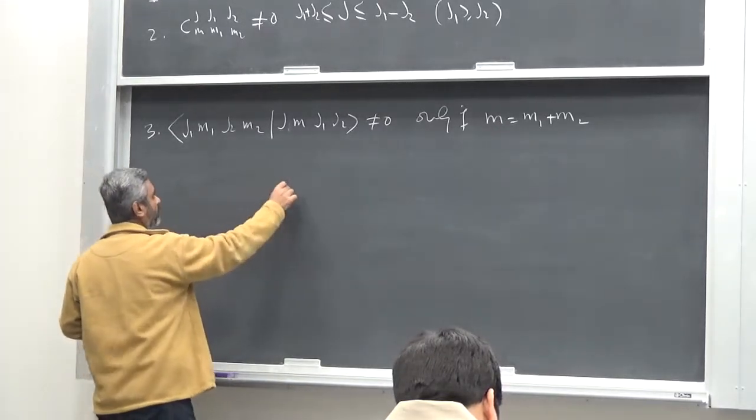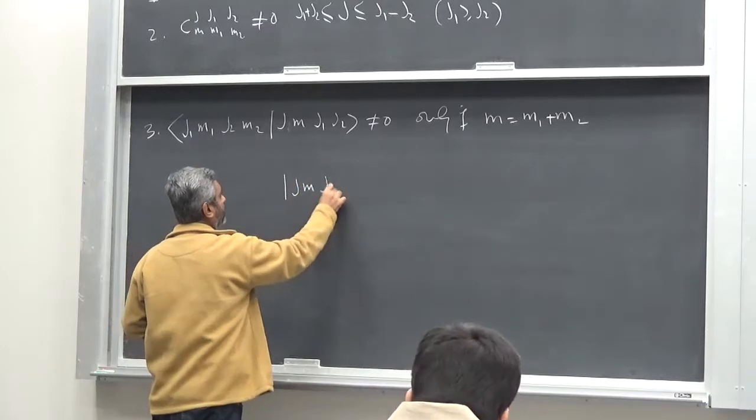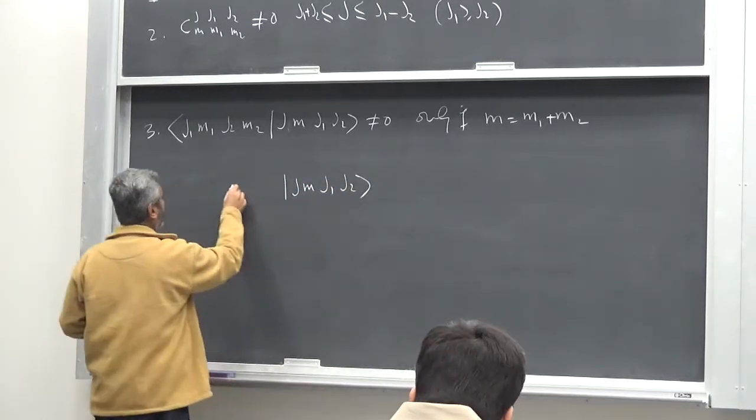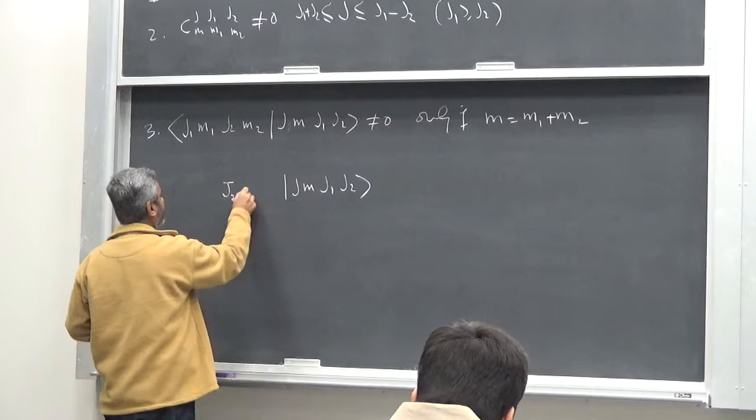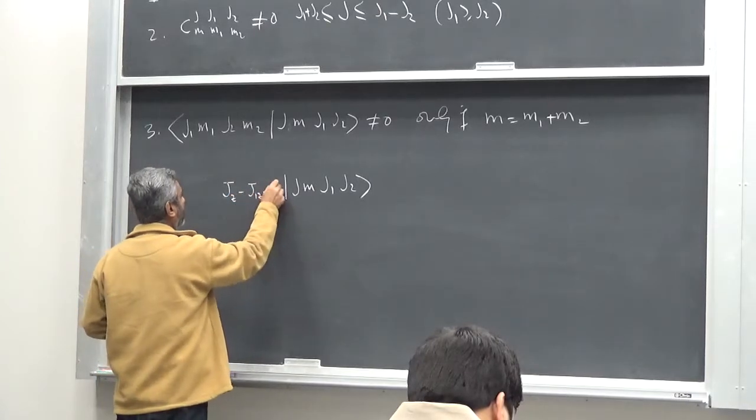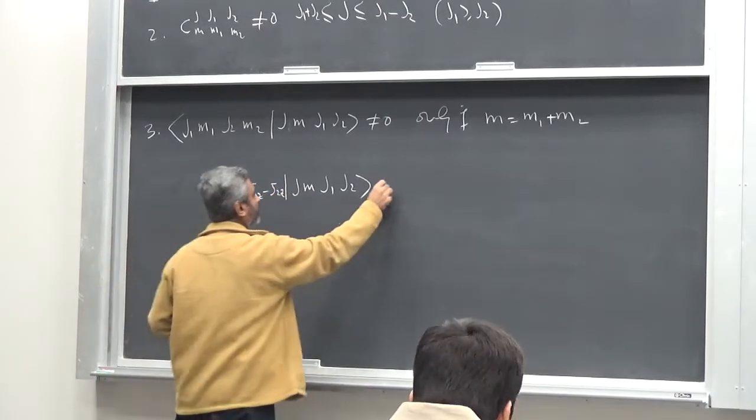Okay, if I were to take this state, JM, J1, J2, and multiply by Jz minus J1z minus J2z, what would this be equal to?